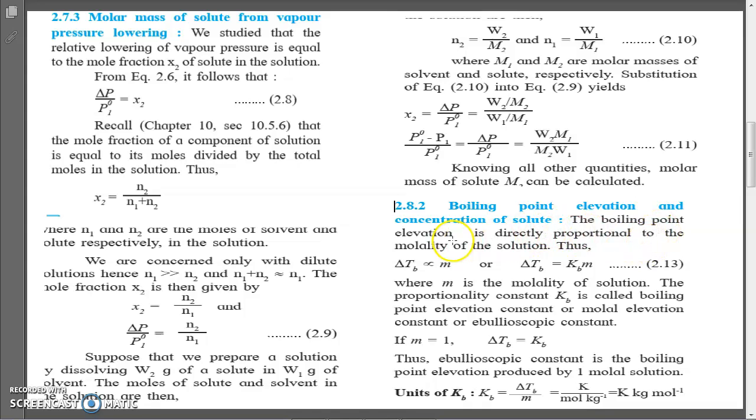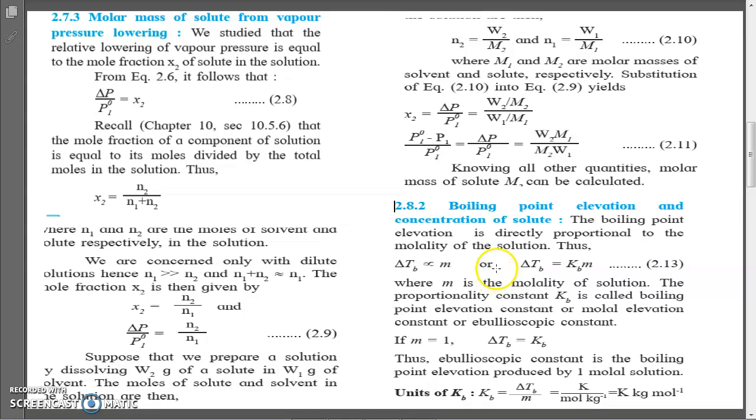The boiling point elevation, ΔTb, is directly proportional to the molality of the solution.